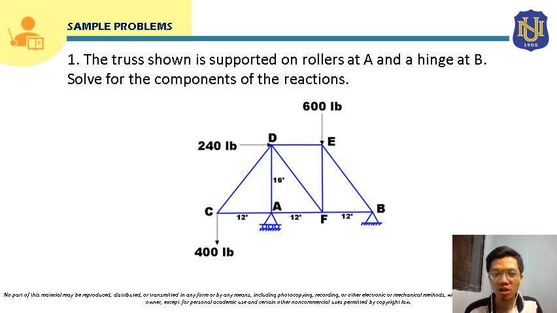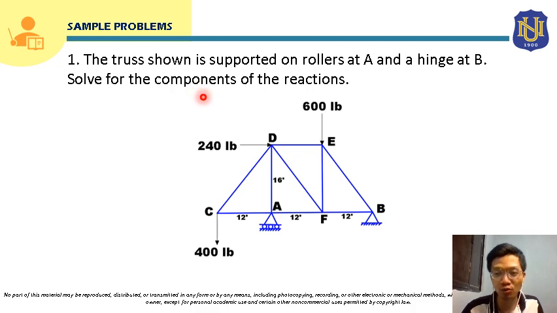For our first sample problem, the truss shown is supported on rollers at A, so this is the roller at A, and a hinge at B, so this is the hinge at B. We have to solve for the components of the reaction. Take note here that we are asked to solve for the components of the reaction.